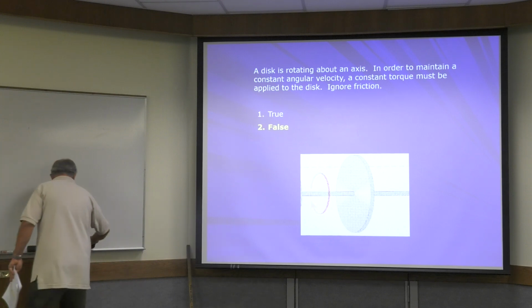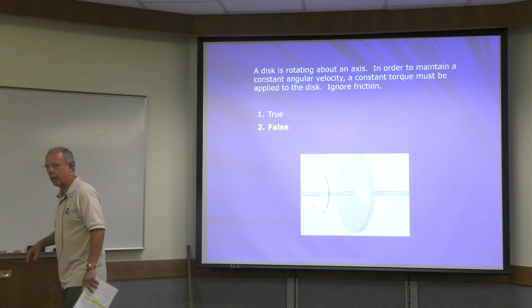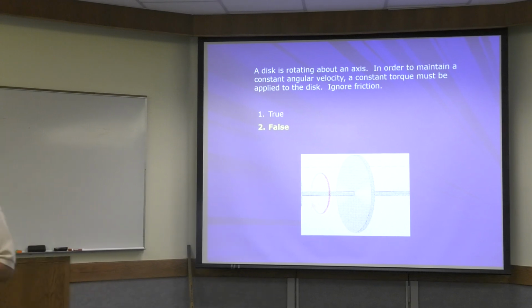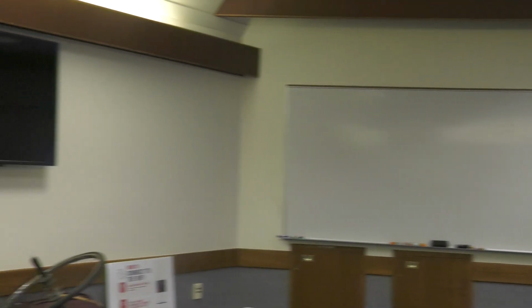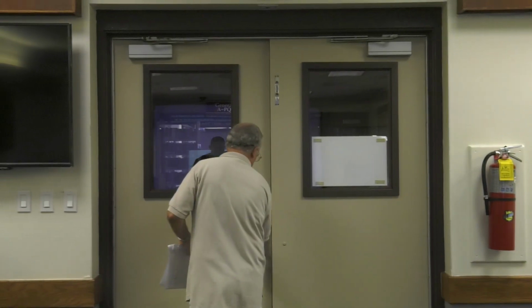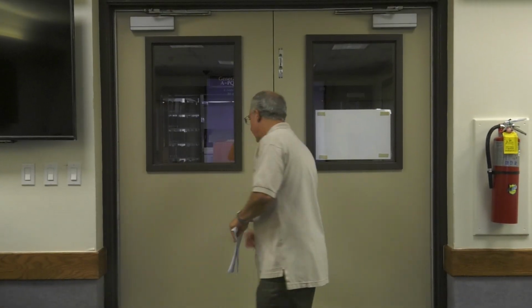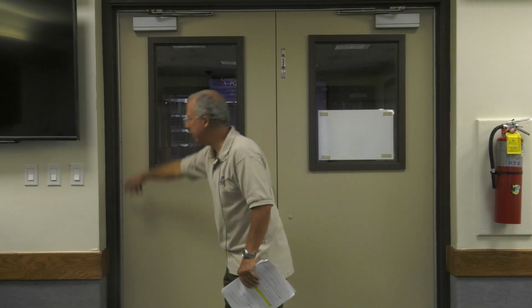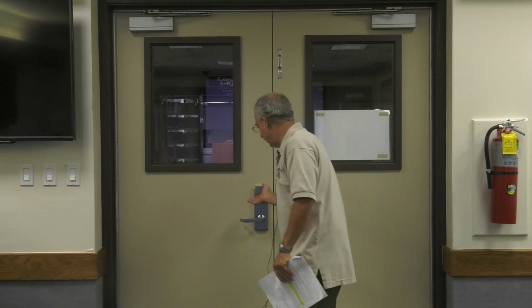Okay, now let's walk to the door. So I'm going to show you something about this door. All right, so here's a door, and this is the axis of rotation. Now, if I want to open the door, the appropriate thing to talk about is torque, right? Because it's rotational force.